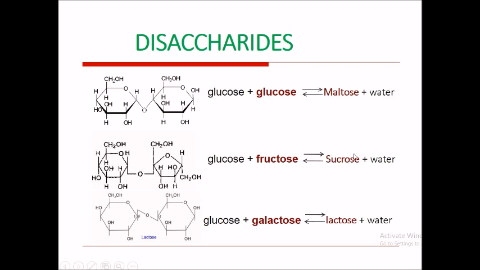Meanwhile, sucrose is made up of monomer fructose and monomer glucose. Meanwhile, lactose is made up of monomer galactose and also monomer glucose, through the dehydration process, removal of water.